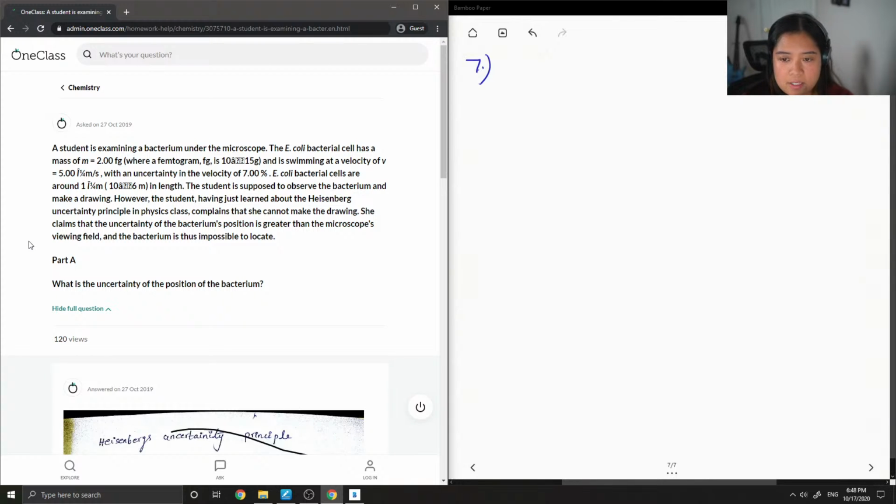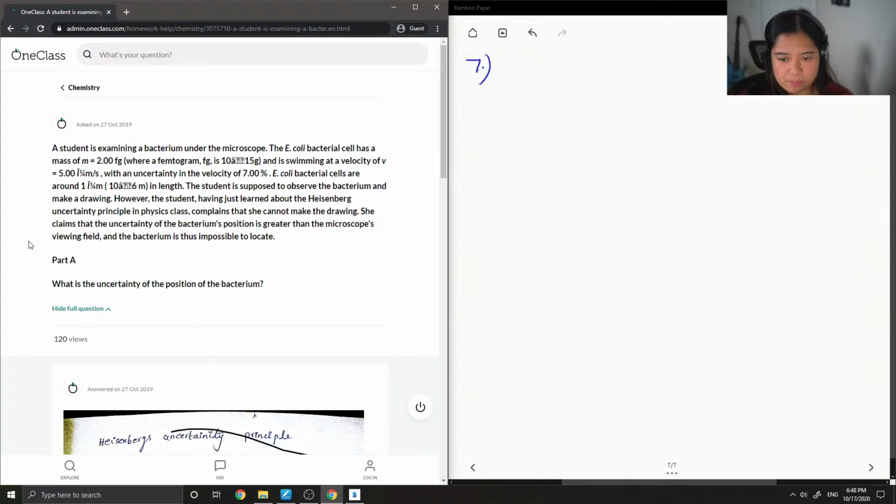E. coli bacterial cells are around 1 times 10 to the 6, I believe, in length. I don't think that's important anyways.